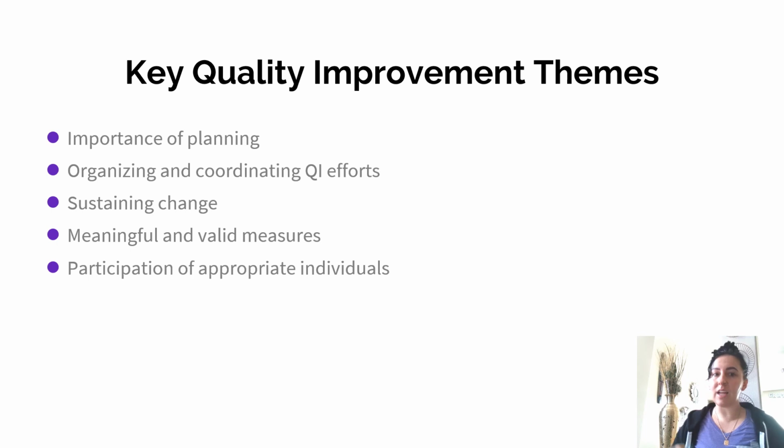Okay, and next, meaningful and valid measures. I think you noticed that in every step of every single one of those different quality improvement models, you always have to measure everything. Everything that you do should be measurable.